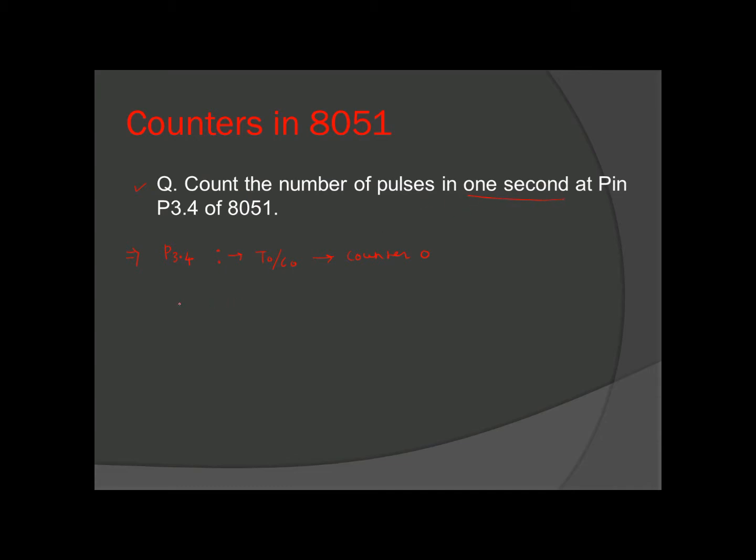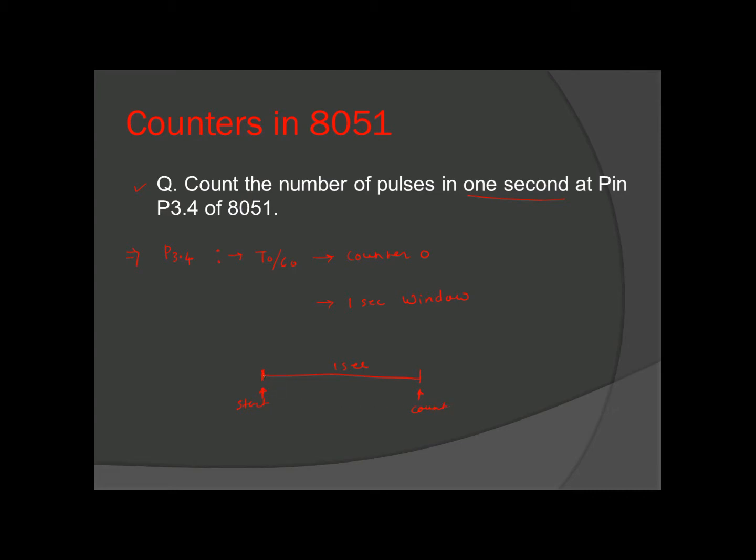As we want to count in 1 second, we need to create a 1 second window. Let's say this is my 1 second window. In this 1 second, I'll start my counting at this point and I'll stop my counting at this point.